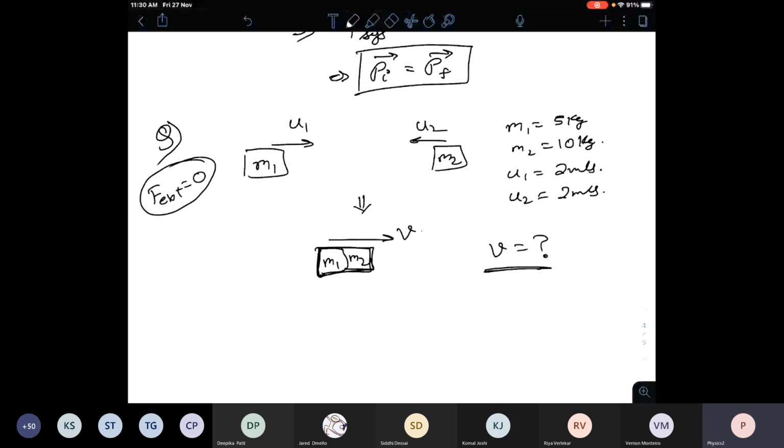Also after collision there is no external force, but during collision there was a force.